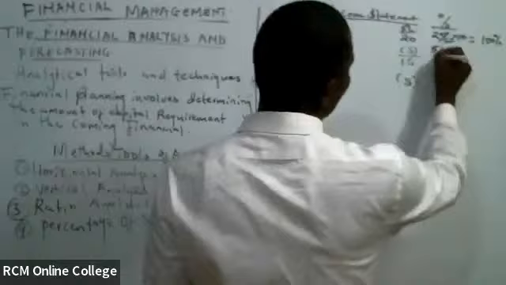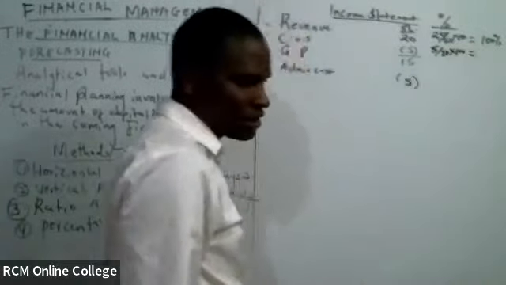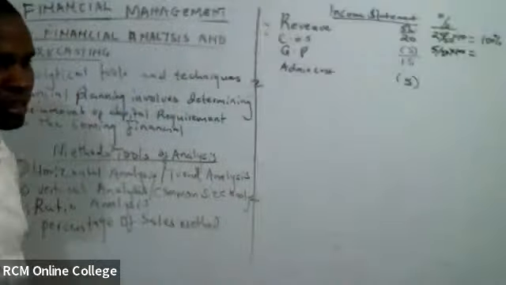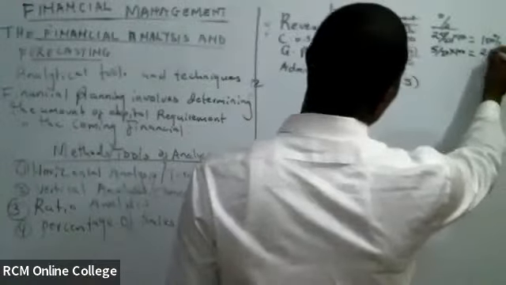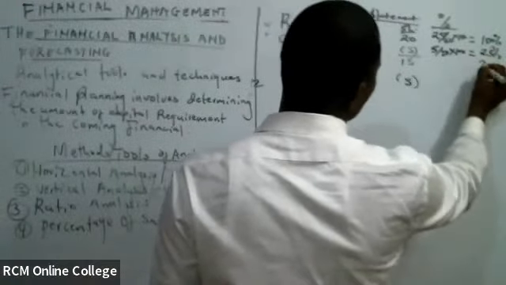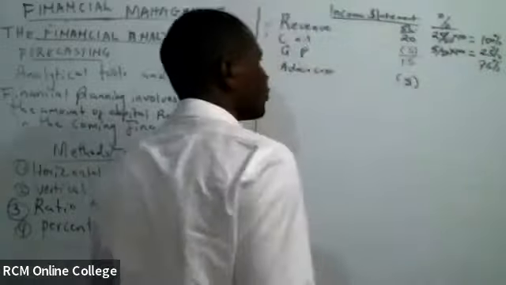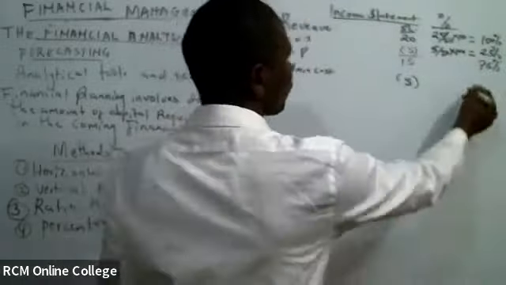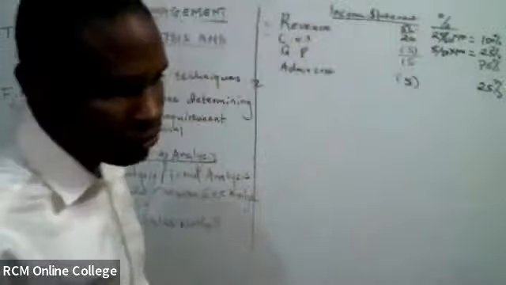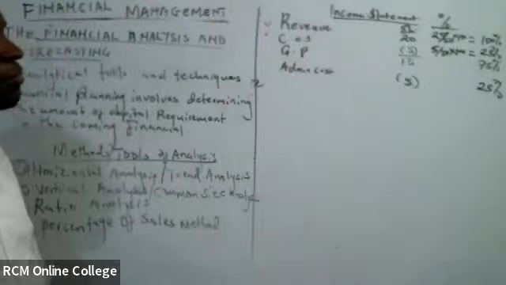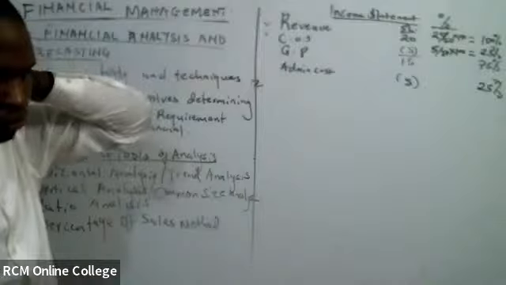The cost of sale will be 5 over 20 times 100. How much is the percentage? 25%. So that means the gross profit would be 75%, because there is a direct relationship between the three. So we're just expressing these items as a percentage of this. Simply, that is how you do that.